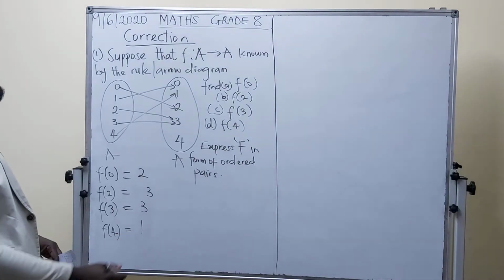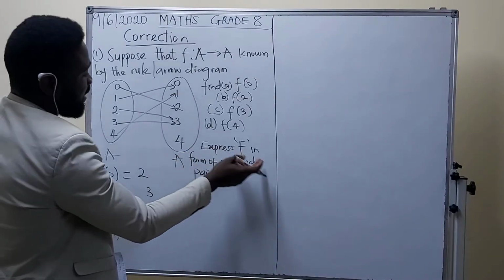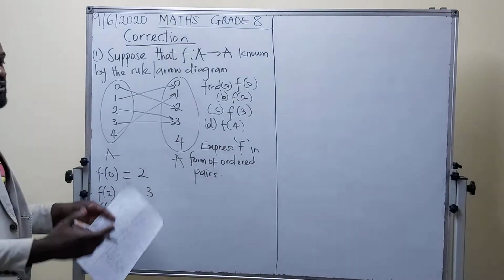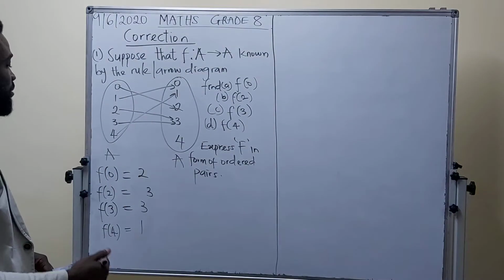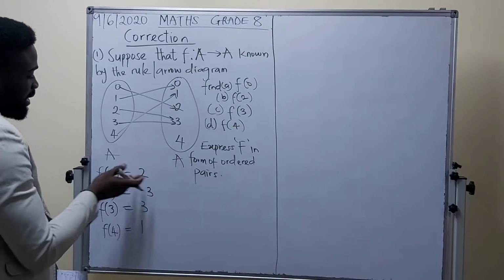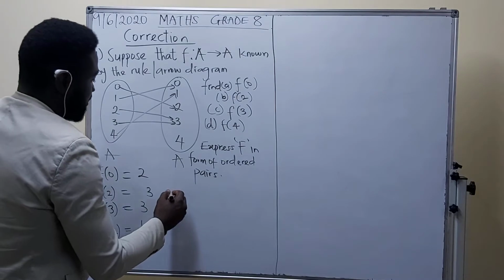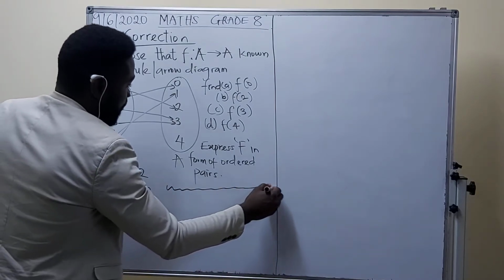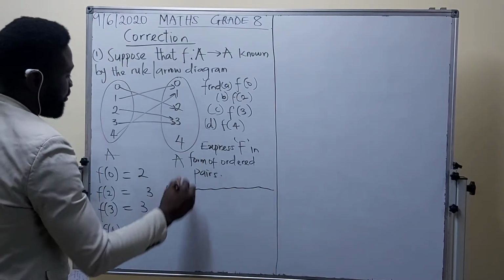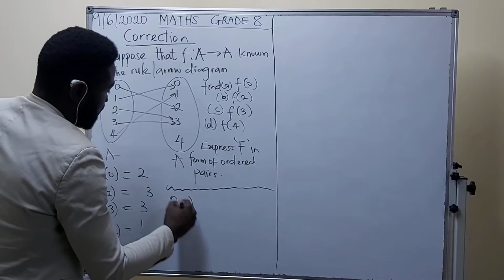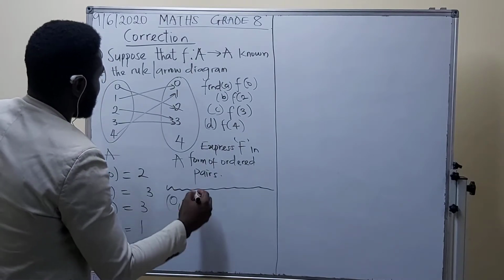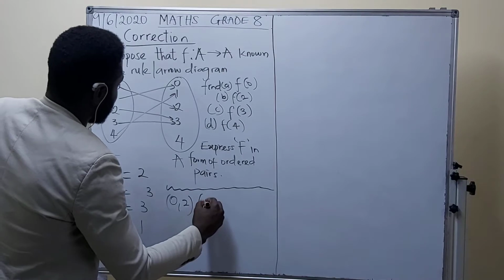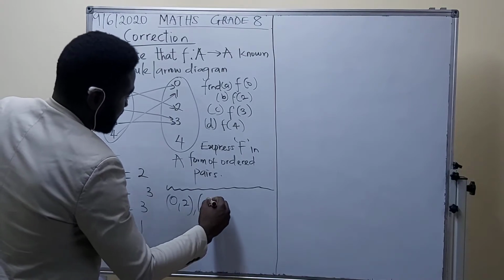And the second part says, express f in form of ordered pairs. It means the ones that are connecting together, they are binding together. So even from the image, you can easily write that out. Without wasting much time, 0 binds with 2. This is 1, and 1 binds with 0.